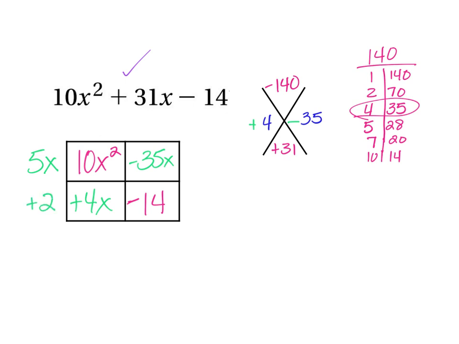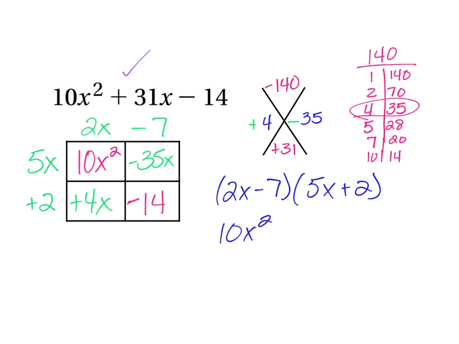So then when I go to do the other columns, out of that first one, I would factor out a 2x and then a minus 7. Okay, so let's see what happens here when we actually multiply these two. So if I have 2x minus 7, 5x plus 2, when I multiply, I have 10x squared plus 4x minus 35x minus 14.